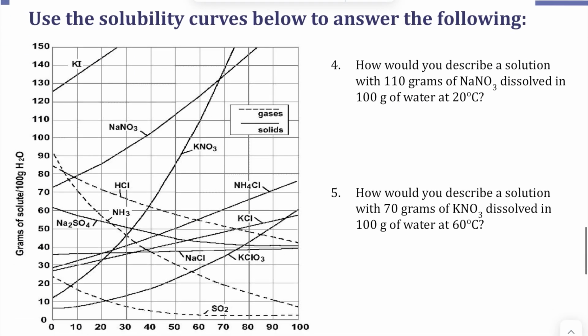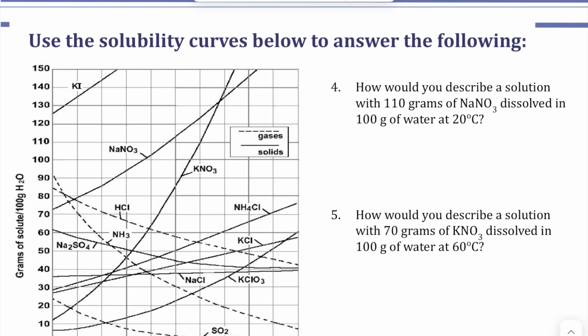All right. Looking at this next graph, we have the solubility of multiple chemicals in here, so we just have to make sure we're finding the correct chemical that the question is asking for. How would you describe a solution with 110 grams of NaNO3 dissolved in 100 grams of water at 20 degrees Celsius? So this one's giving us a specific point. We've got that NaNO3 right here.